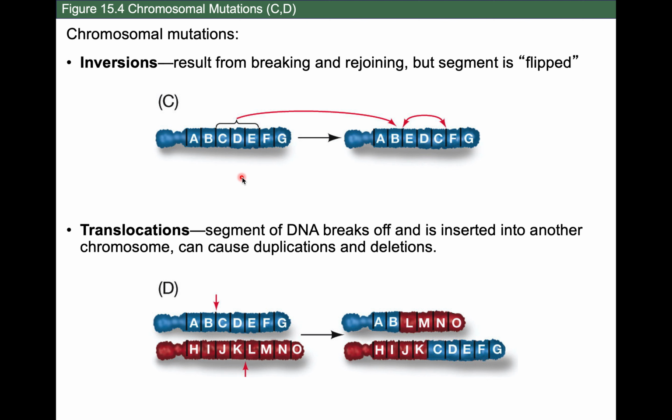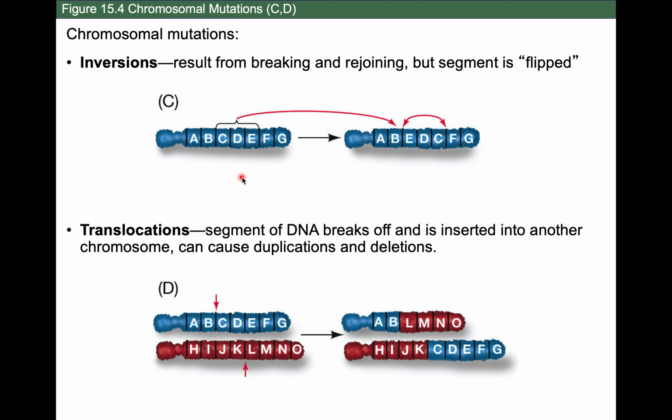So how do you get these big changes? Well, typically these are going to be due to mistakes during the crossing over process that might happen during prophase 1 of meiosis, right, where your homologous chromosomes pair up and we get some crossovers that occur if the chromosomes don't line up perfectly.